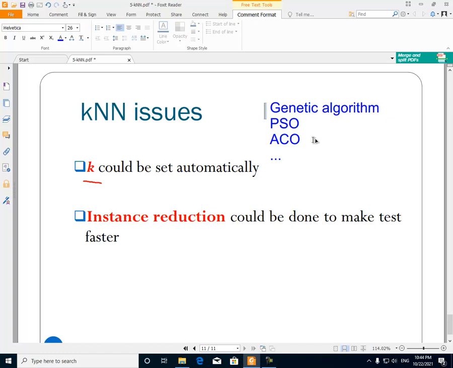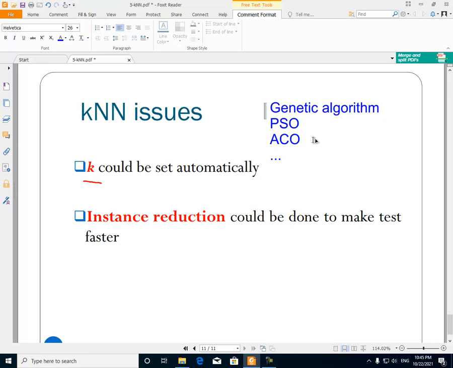So this is time consuming. One option that we have is instance reduction. It means we can reduce the number of training data using some algorithms.